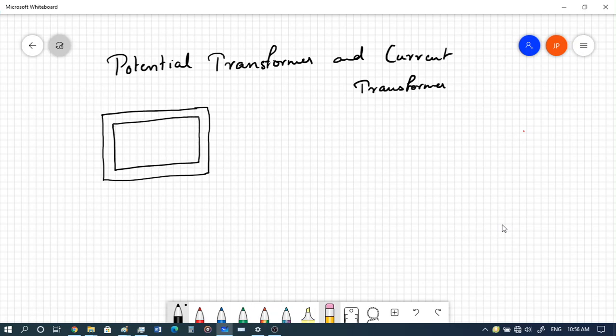This is a simple transformer, which has a primary and a secondary coil. This is the primary coil which I'm drawing right now, and let's say we're talking mainly about alternating currents, measuring high value alternating currents.